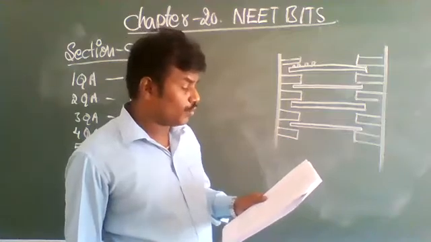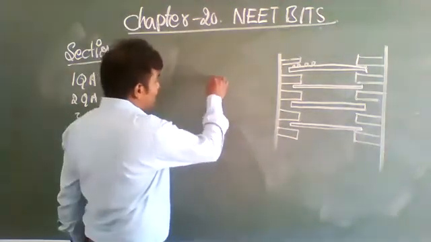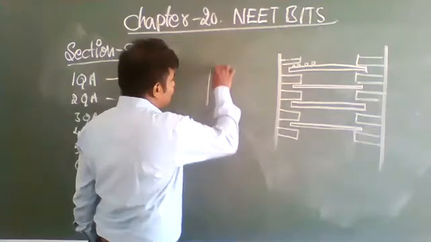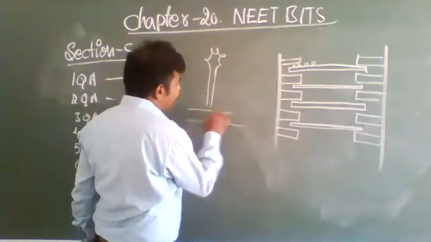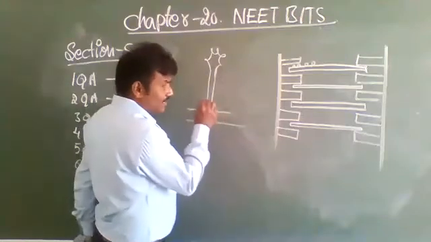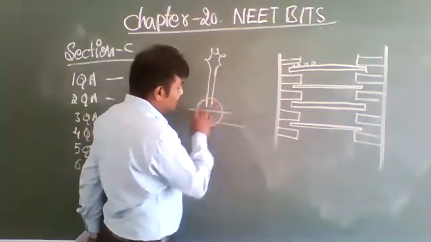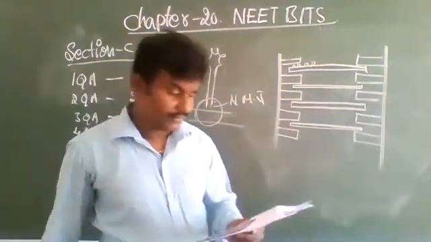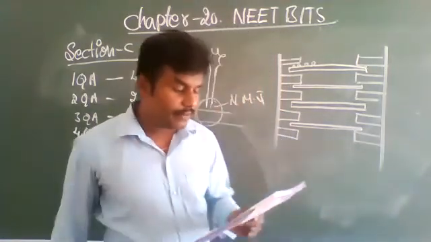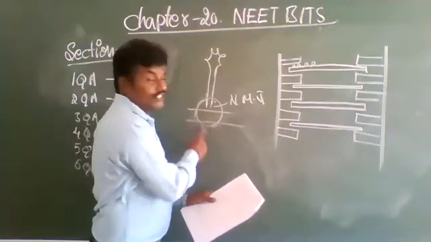The option 1, neuromuscular junction. Neuromuscular junction means where neurons are attached to the muscle region, the place where neuron and muscle fiber are attached. This is called the neuromuscular junction. Stimulation of muscle fiber by motor neurons occurs at this region.